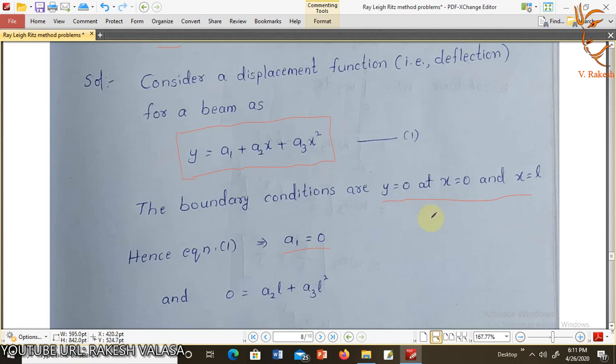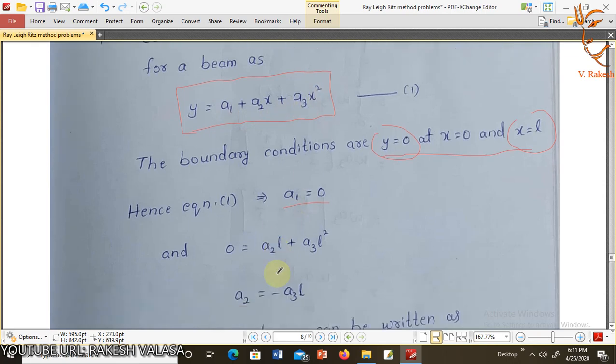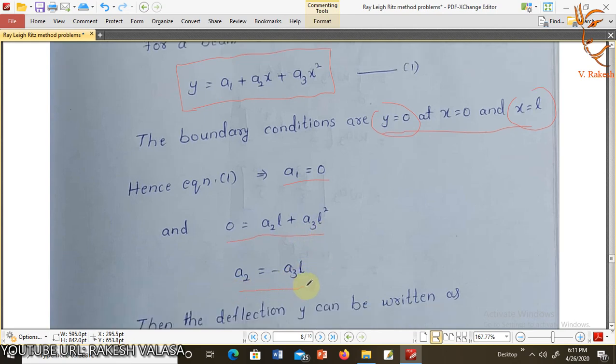Also take the second boundary condition, y equals 0 at x equals L. 0 equals a1 (0) plus a2L plus a3L square, that is 0 equals a2L plus a3L square. From this, a2 equals minus a3L.